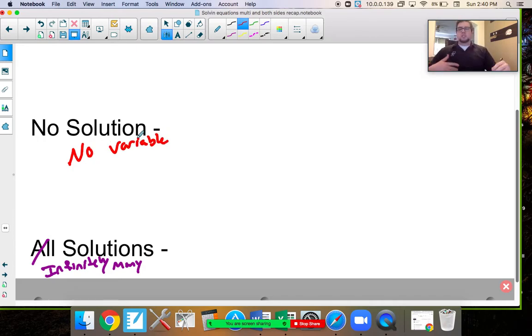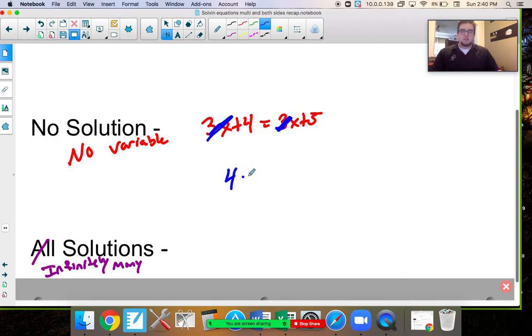So we go through, we solve the entire equation, we get something like 3x plus 4 is equal to 3x plus 5. We get rid of these x's on each side, and we're just left with this 4 is equal to 5. Well, 4 never equals 5. There's no variable, there's no x, no y, no letter at all. When you see something like this, we have no solution.